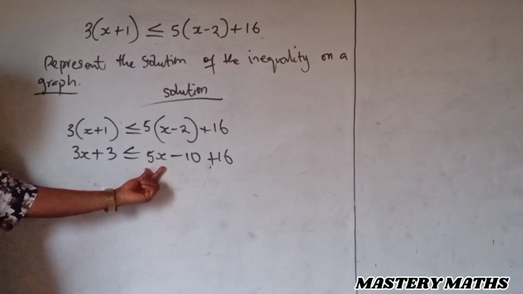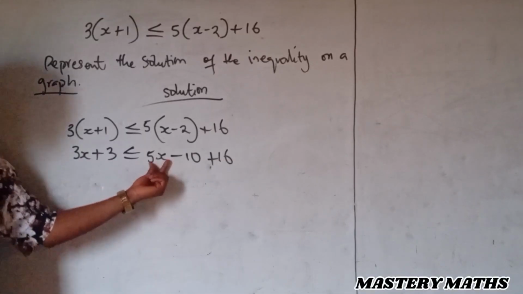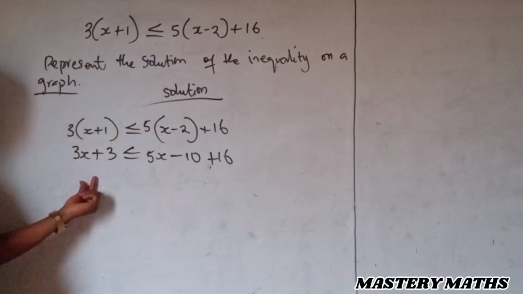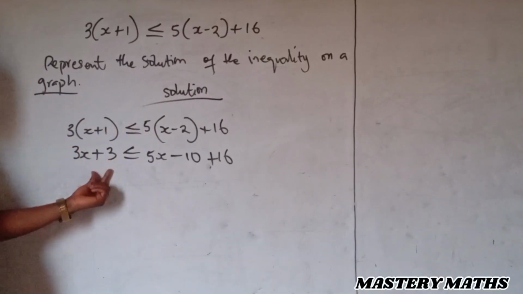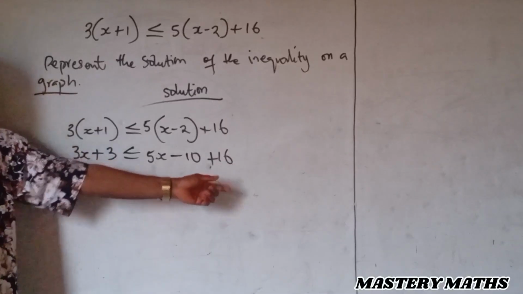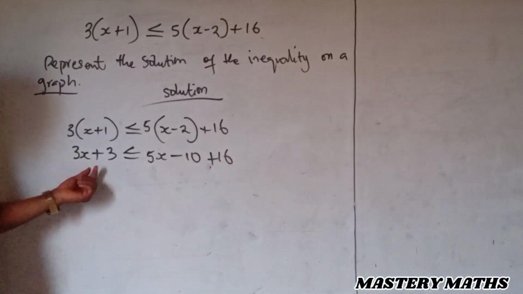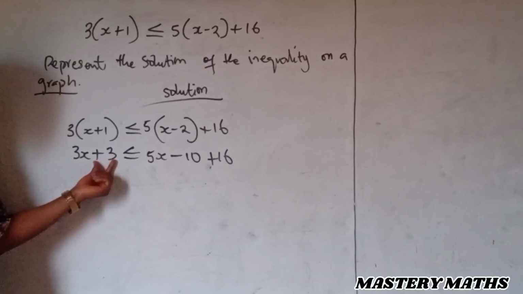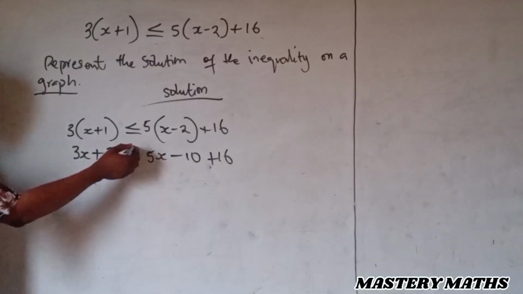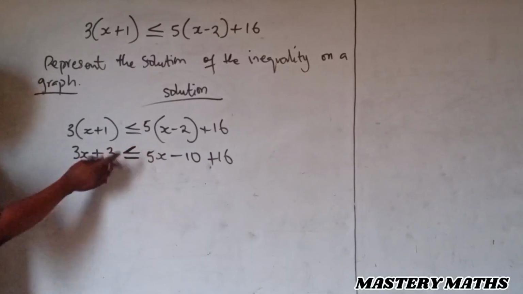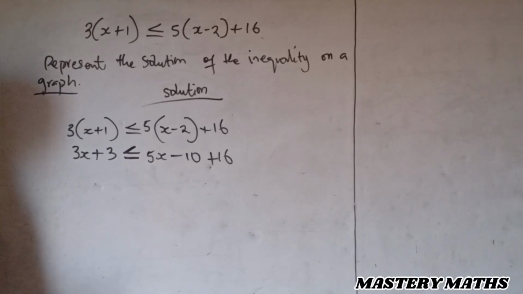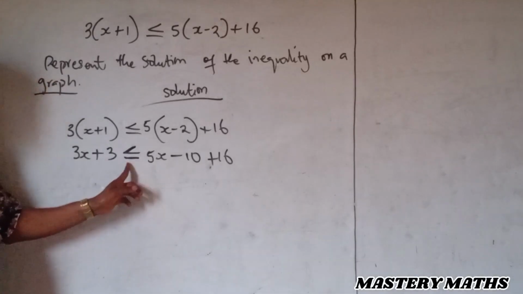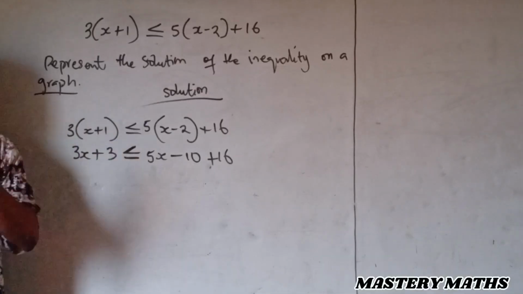So what we should do here is this 5x, bring it to this side. This plus 3, take it to the other side. And remember, when a term crosses the inequality sign, this less than or equal to, the sign will change.